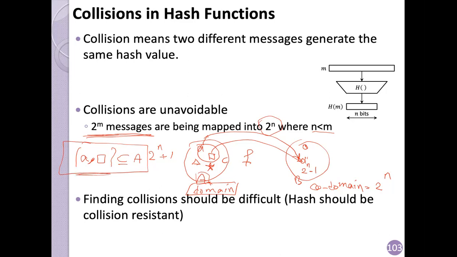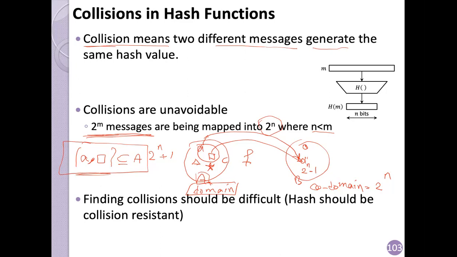That thing is called a collision in hashing. We define it this way: collision means that two different input messages are mapped to the same hashed value, or they generate the same hash value. When we input them to the hash function, we get the same output. That's called a collision.